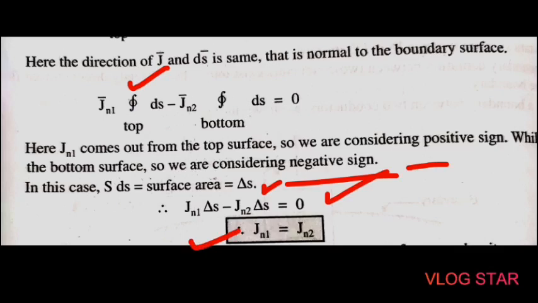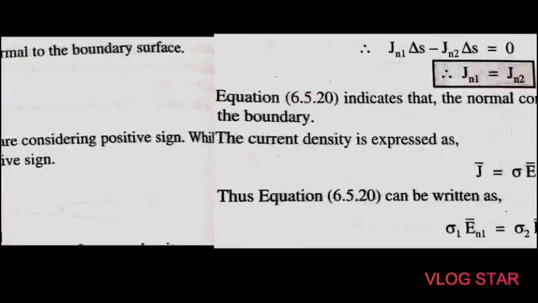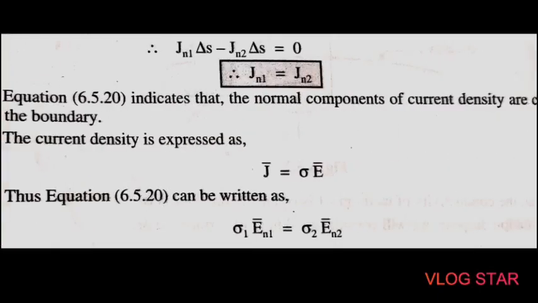That means the normal component of current density is continuous across the boundary. If you want to express this J in terms of electric field intensity, then J is equal to sigma E bar. So for J1 it is sigma 1 En1 bar, and for J2 it is sigma 2 En2 bar.